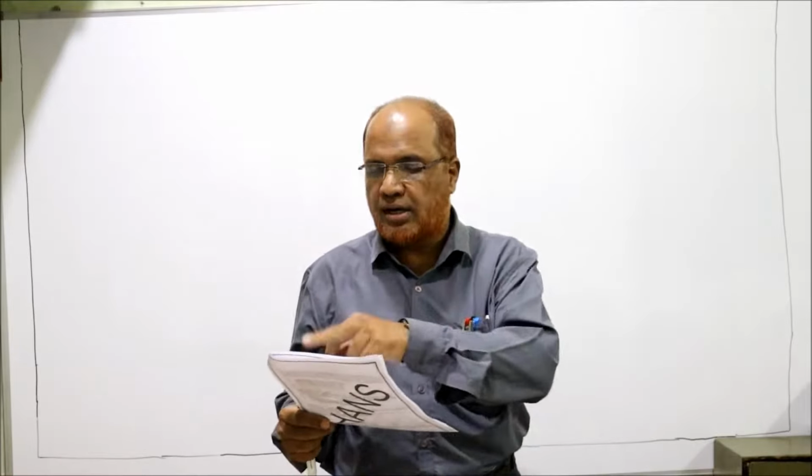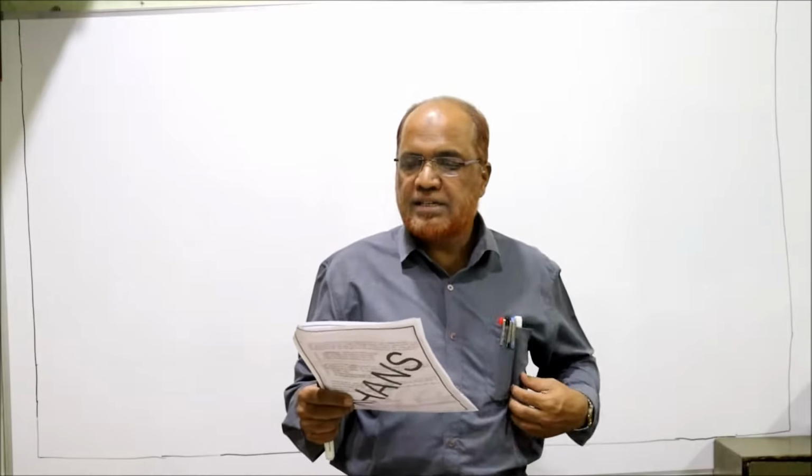The company is having 10,000 shares of rupees 100 each. So 10,000 into 100 you will get 10 lakh. And rupees 10 lakh of 10% debentures. So 10 lakh rupees equity share capital and 10 lakh rupees debentures, two forms of capital.